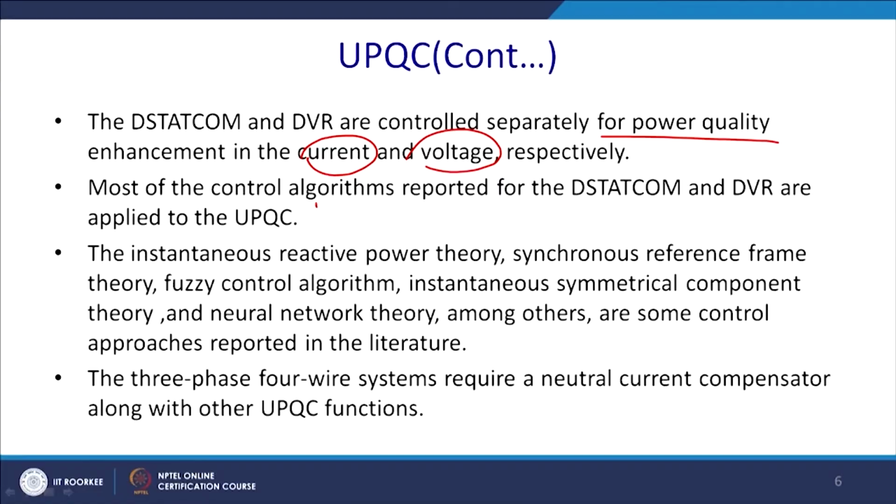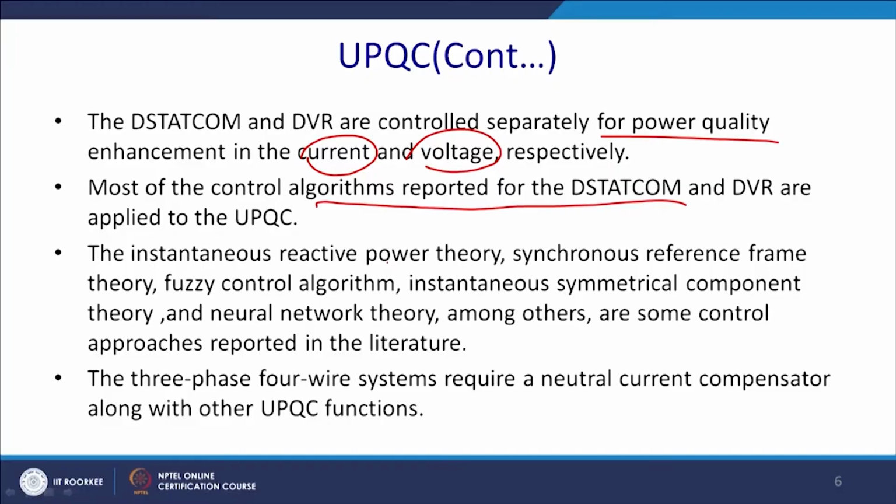Most of the control algorithms reported for the D-STATCOM and DVR are applied for the UPQC. Essentially, you put a separate processing unit for the STATCOM and DVR, and it should work. But there is a little change of the control circuit when you are using it in a unified mode.